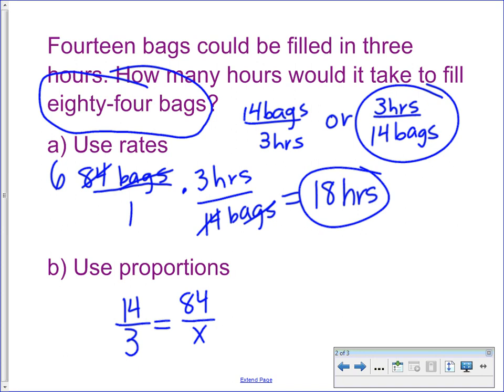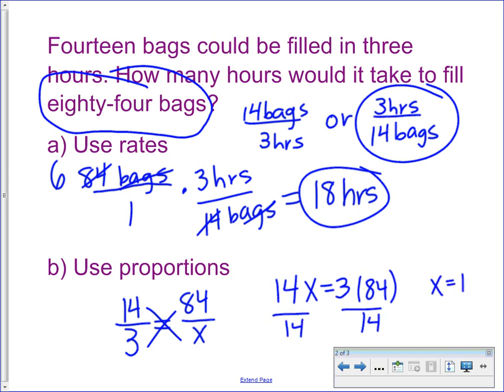So we have 14 bags on top and 84 bags on top, 3 hours on the bottom and x. And then cross multiply, so 14x equals 3 times 84. Divide by 14, and you get 18 hours. Same answer that you got for part A. Okay?